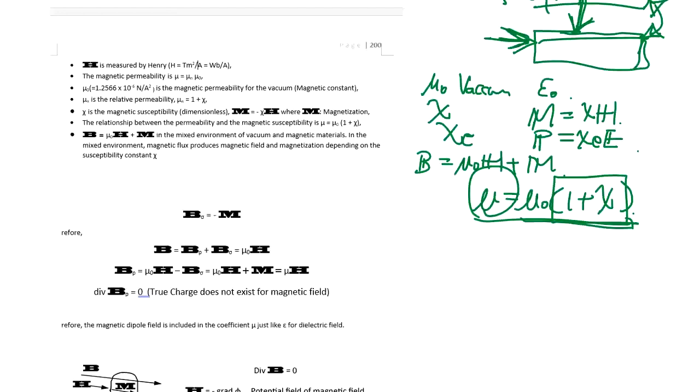So what happens is, if there's no current generating the magnet, only a permanent magnet, the magnetic flux becomes a negative dipole, in the opposite direction, because M is generated by H, and M is opposite to the flux.